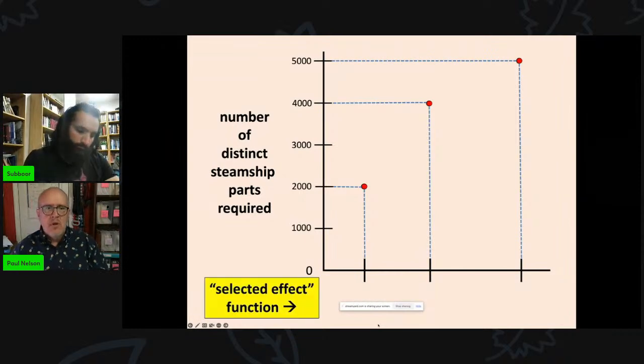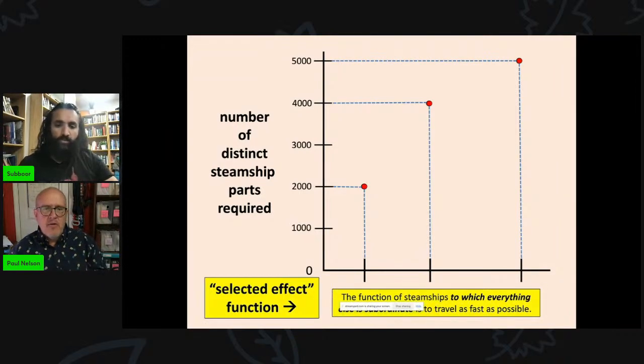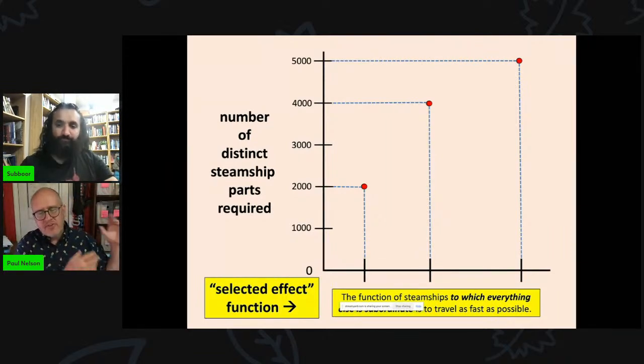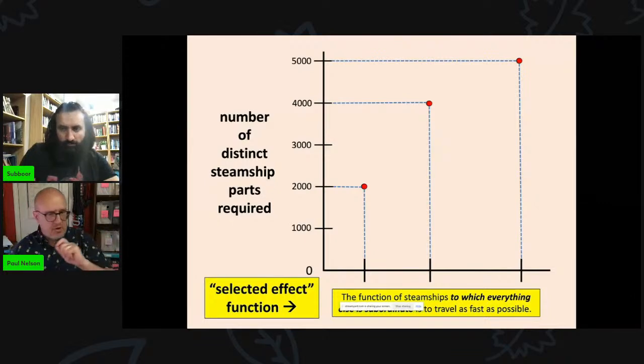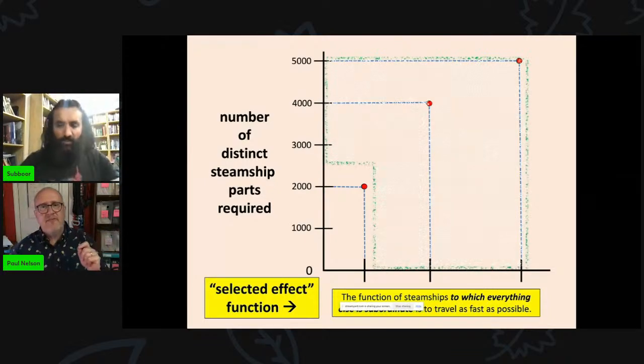Now, let's say we're going to do what Fogg did, and we'll define the function of a steamship, to which everything else is subordinate, as to travel as fast as possible across the Atlantic, to reach Liverpool in the shortest time possible. That's our global, or we're going to call that our selected effect function.